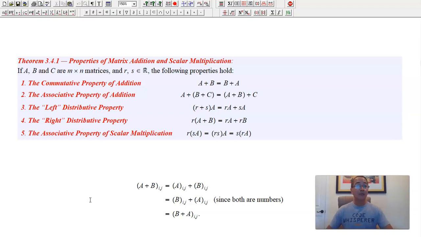Now, you also can multiply by the two scalars. You can multiply a first by s and then multiply that answer by r, or you can multiply r and s together and then multiply that answer by a. Or you can multiply a by r and then multiply that answer by s.